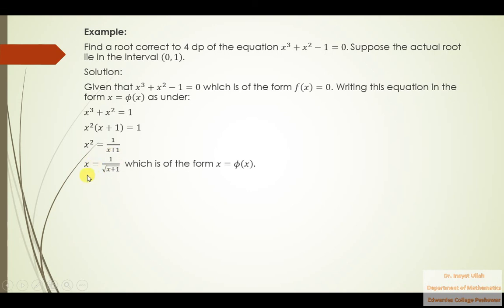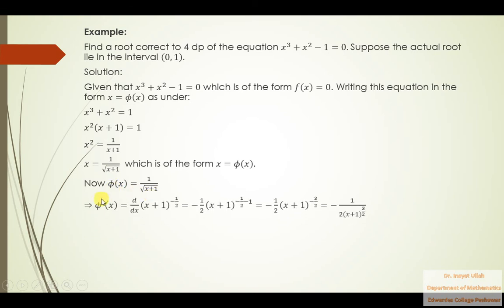So we see that we have written this equation in the form of x equal to phi of x. This is phi of x, and this is the form x equal to phi of x. Now we will check whether this phi of x fulfills the condition that the absolute value of phi prime x is less than 1 or not. So let us take this phi of x and differentiate this function with respect to x.